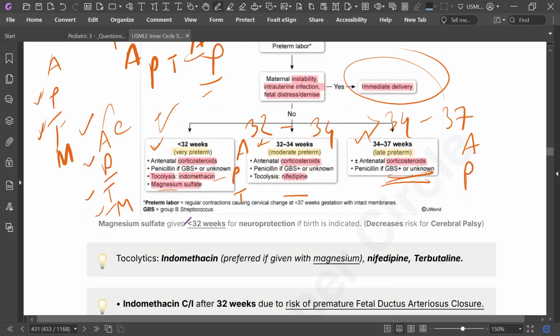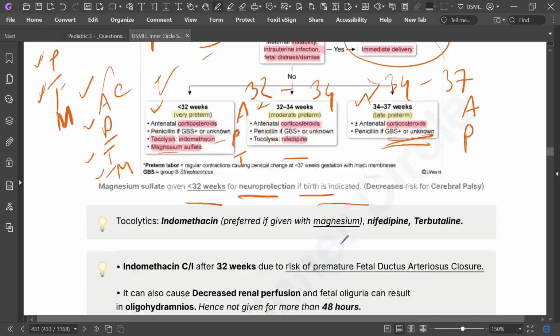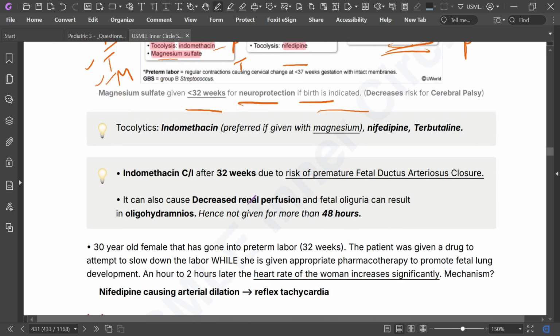Magsulf is given at less than 32 weeks for neuroprotection if birth is indicated, and it decreases the risk of CP, cerebral palsy. Tocolytics: indomethacin, nifedipine, terbutaline.